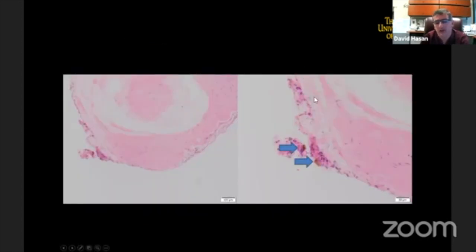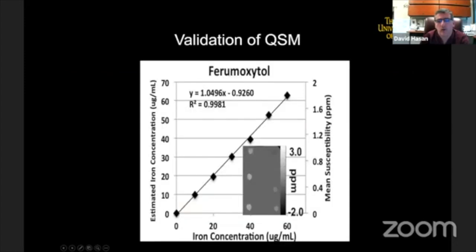You could see here the hemosiderin at the interface, the outside wall of the aneurysm wall and the brain tissue. So we did further validation to see if this is correlation. What we did is we took in vitro different concentrations of ferumoxytol, imaged them with the QSM, quantified the signal, and correlated it with the concentration of the ferumoxytol.